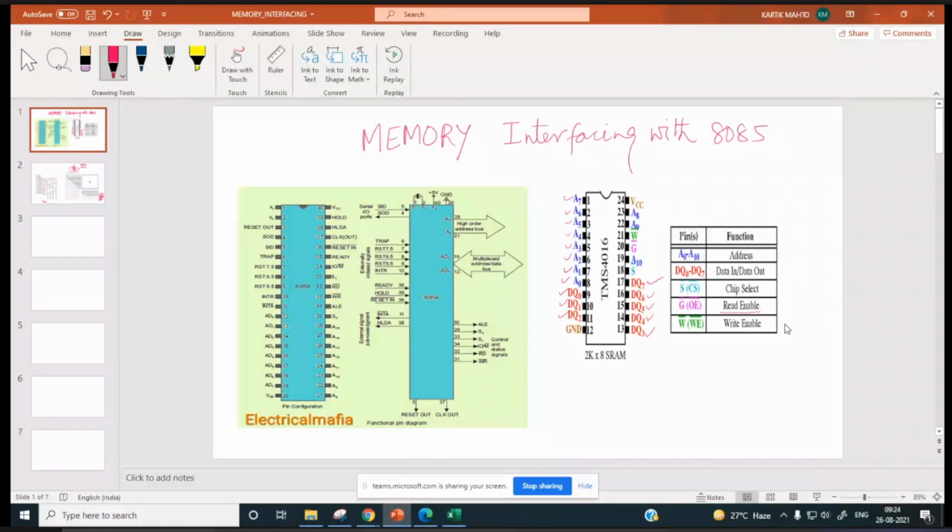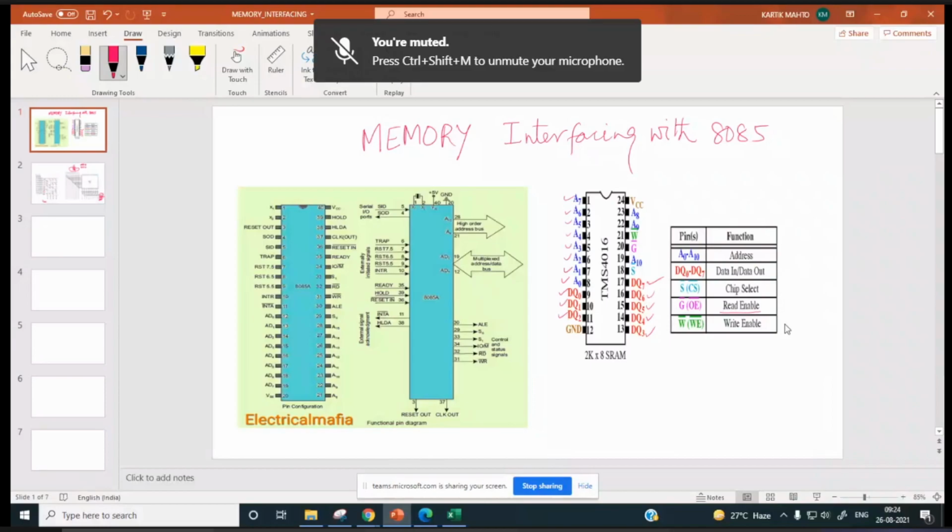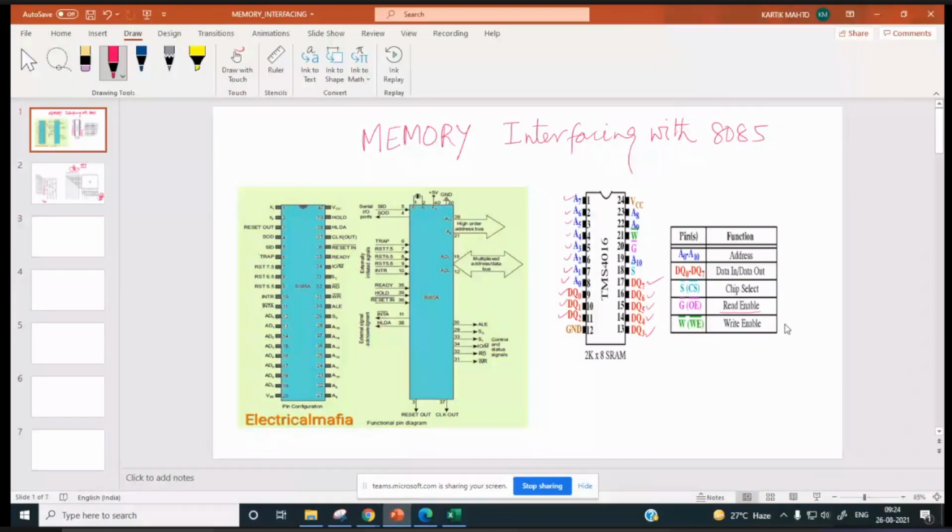This pin number 20 is there for reading, and pin number 21 is there for writing. Right? VCC is there, ground is there, and a very, very important pin, this is there. Okay, so how many addresses are there? A0, A1, A2, A3, A4, A5, A6, A7, A8, A9, A10.